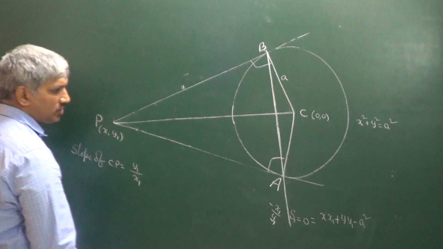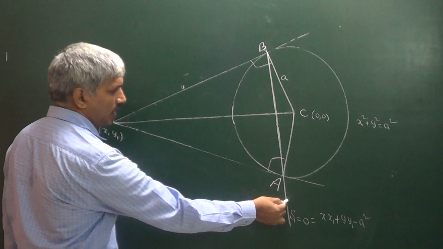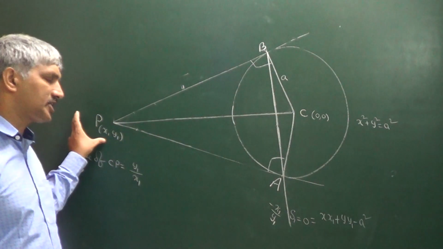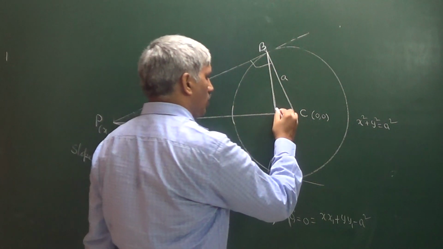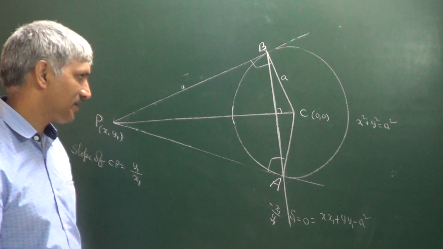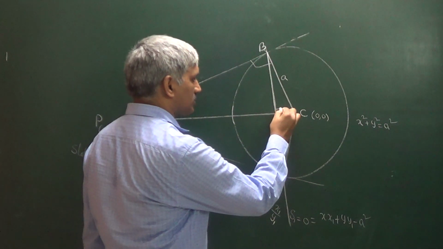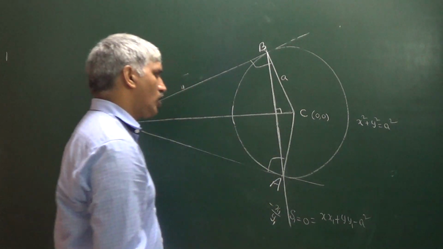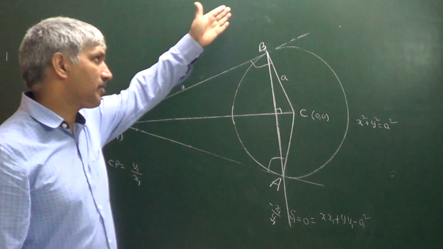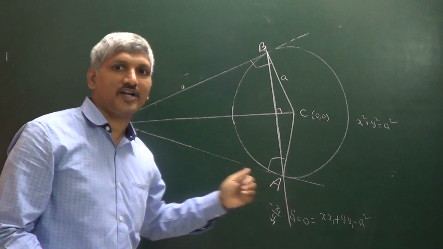You can observe the chord of contact and CP, the line joining from center to the point P(x1, y1). These two are always perpendicular. That is the first point. The line joining from center to the point P(x1, y1) is perpendicular to the chord of contact.